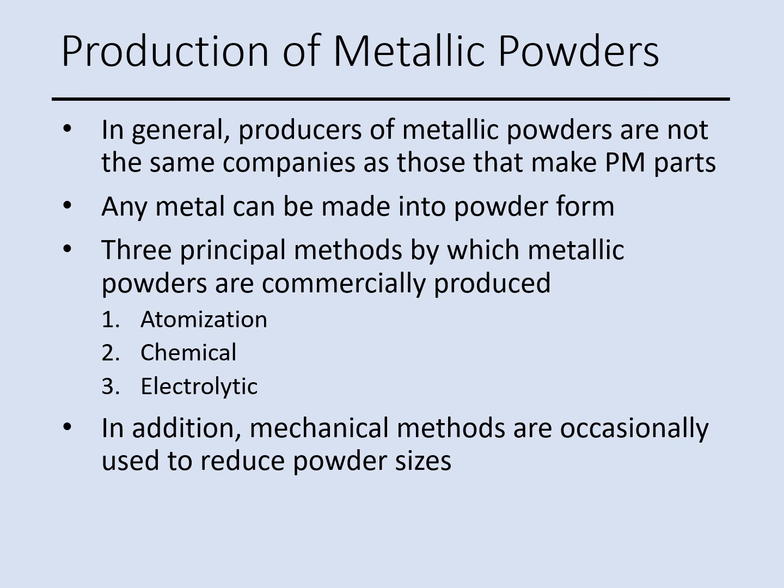The last one is called mechanical method. The use of mechanical method is low, but it is there, and its efficiency is lower than other methods that I mentioned here.